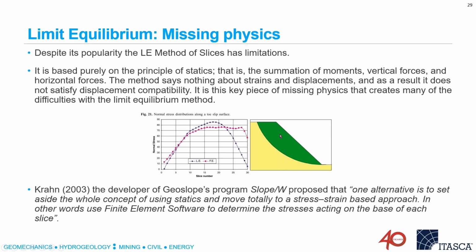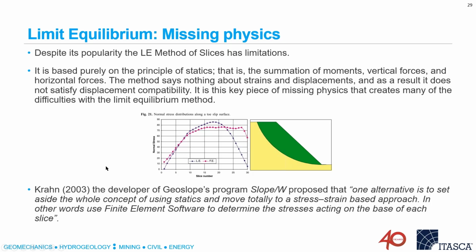And the difference comes from the stresses acting particularly down here near the toe, and the toes are very important in slope stability, and having a difference between an idealized assumption and an actual normal stress causes some errors in the limit equilibrium.